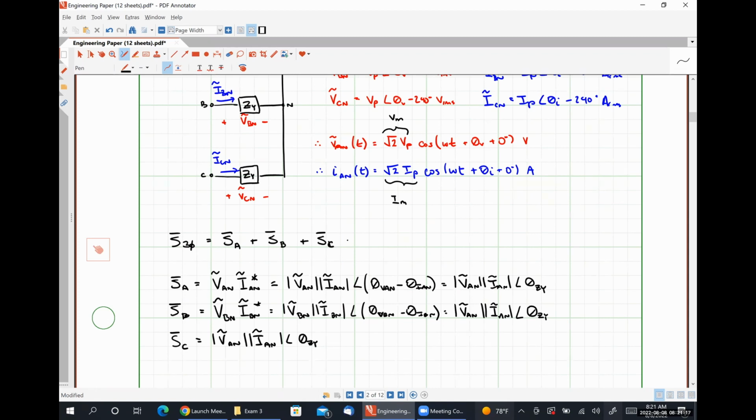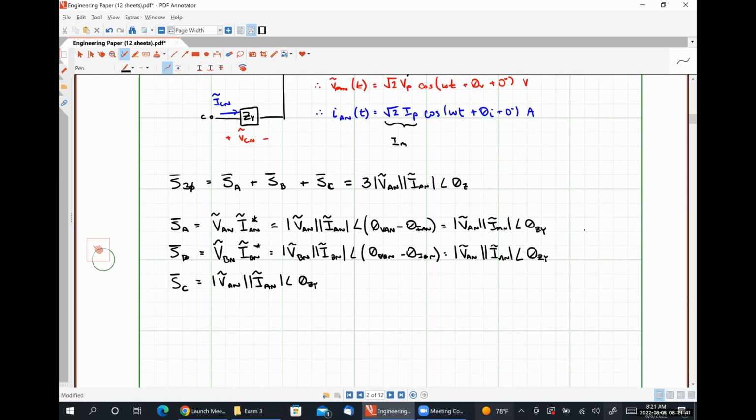So using these results, we can see simply that our complex power is 3 times the magnitude of VAN times the magnitude of IAN angle theta Z. Now let's look at this from a slightly different perspective, okay?